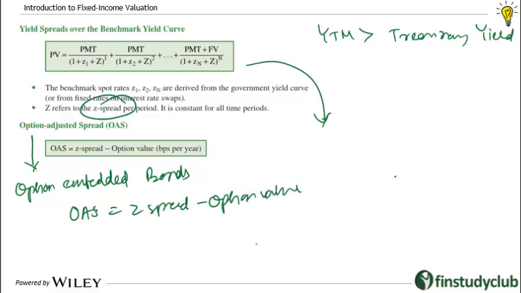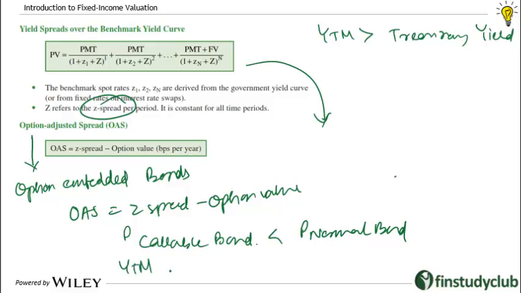Why would OAS be the true spread for the option embedded bonds and not the Z spread as we have discussed earlier? Remember, the callable bond price is going to be lower than the price of a normal bond. In other words, optically the YTM of a callable bond is going to be greater than the YTM of a normal bond. But then this difference is on account of the disadvantage inside the callable bond, isn't it?